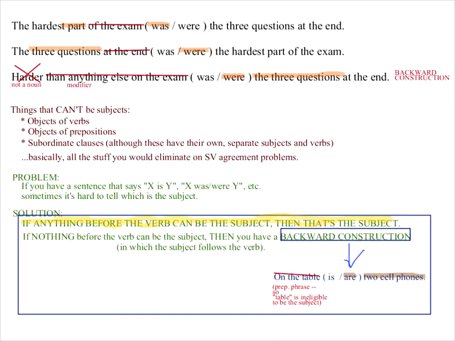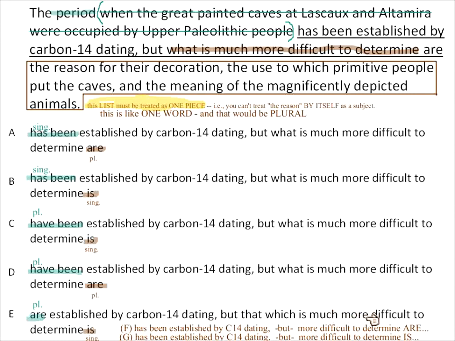Because this is kind of like "on the table are two cell phones." On the table is not, there's nothing in here that can be a subject. And there's definitely nothing in here that can be a subject because there are no nouns. This "more difficult to determine" doesn't even contain any nouns. So this is forced to be a backward construction. And as we just got done saying, this is a list, so it is forced to be plural.